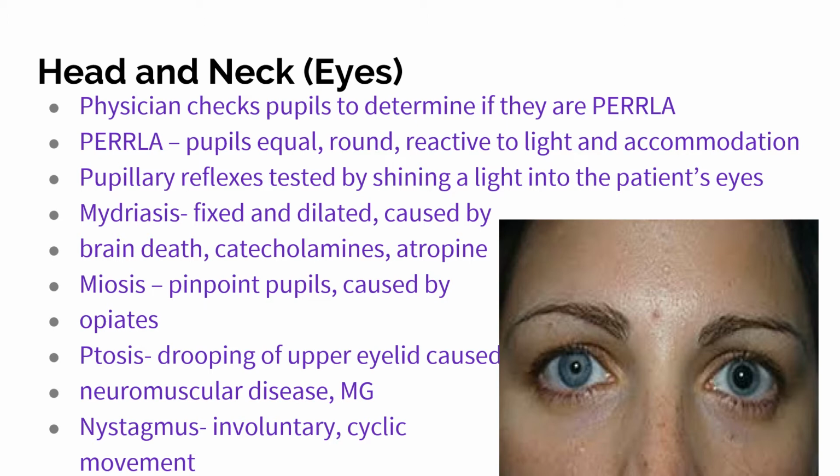You'll see that with patients that have been on opiates. Ptosis is the drooping of the upper eyelid caused by neuromuscular diseases such as myasthenia gravis. And nystagmus is an involuntary cyclic moving. It's also something they assess for drunk drivers when you're pulled over.